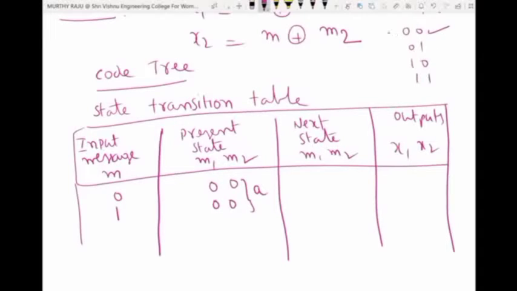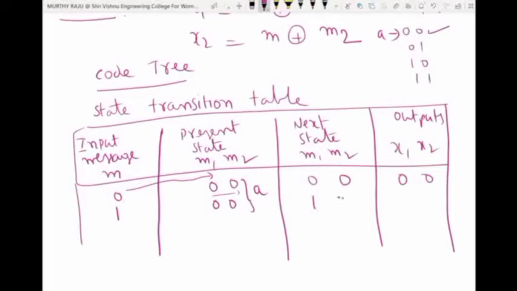Let it be A. Here, for the next state, M bit 0 is shifted to M1, M1 bit 0 is shifted to M2. That means 00. X1 is equal to M exclusive or M1 exclusive or M2, that means 0. X2 is equal to M exclusive or M2, that is 0. Here, M bit 1 is shifted to M1 bit, M1 bit 0 is shifted to M2.